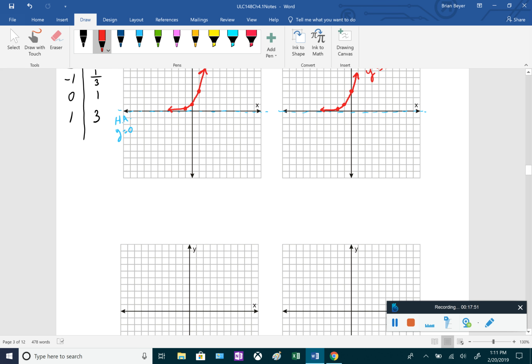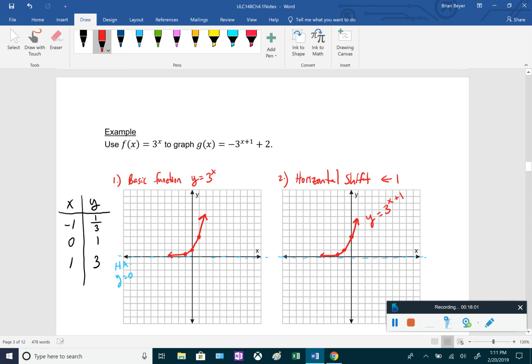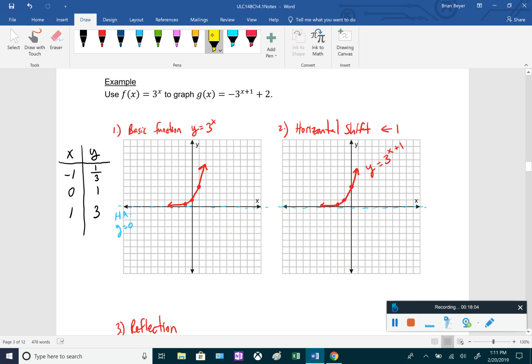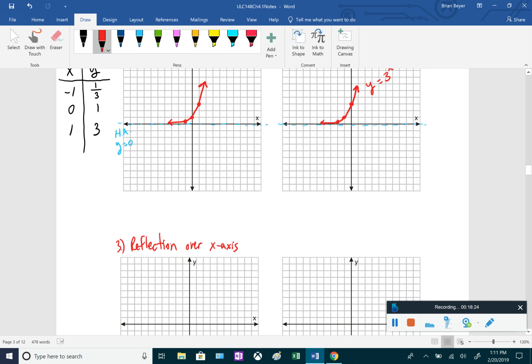The next step would be checking if there's a reflection. There is a reflection here. We have this negative being multiplied out front. The negative being multiplied out front means we're negating the y values, the function values, which means it is a reflection over the x-axis. So we go to the previous graph, the horizontal shift.